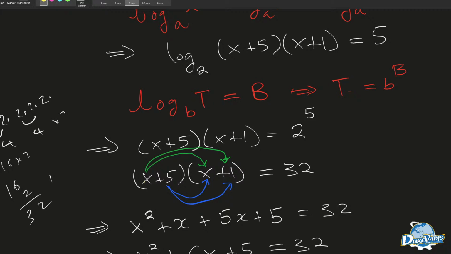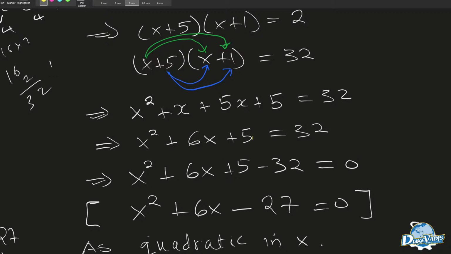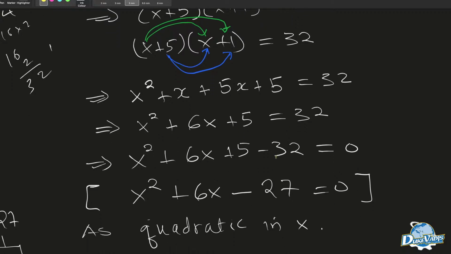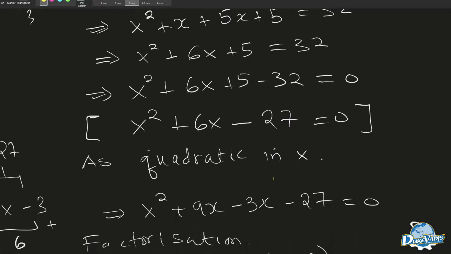The green ones multiply the first bracket: we pick the x, multiply the x and 1, and we pick the 5, multiply x and 1, and we have this equation: x squared plus x plus 5x plus 5 equals 32. We brought the 32 in here, and 5 minus 32 was negative 27. So x squared plus 6x minus 27.